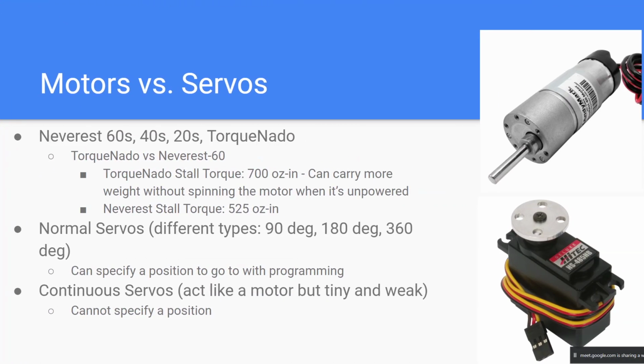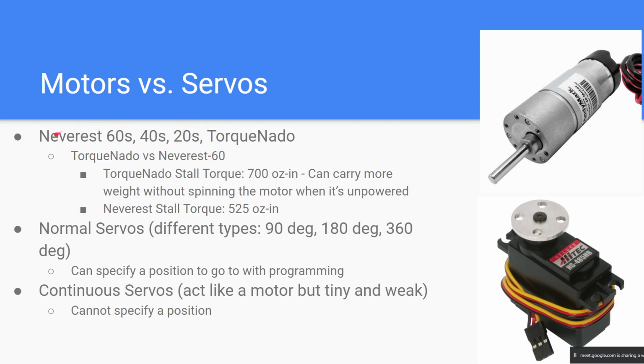Alright, so this is where it gets a little more technical. I've said the word servo before, but I'd like to explain that there's a difference between a motor and a servo. A motor is bigger and stronger. We use different types of motors. We use the Neverest: there's a Neverest 60, a Neverest 40, and a Neverest 20.